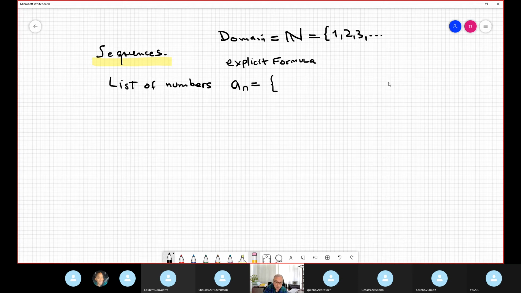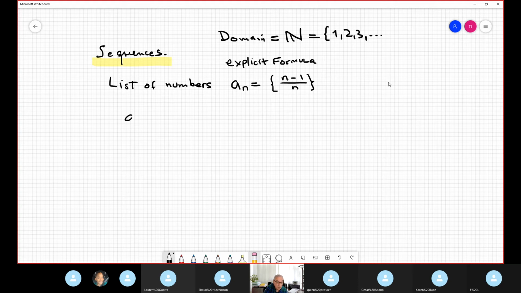Entonces normally in a sequence, for example, this is just an example, (n minus 1) divided by n. Let's say I ask you to list the first elements of this sequence. Okay, I evaluate n equal 1.